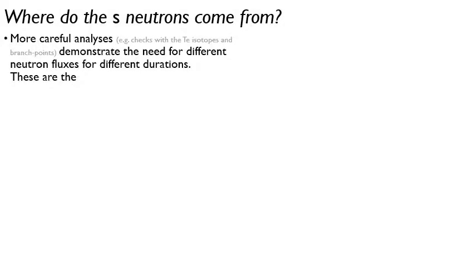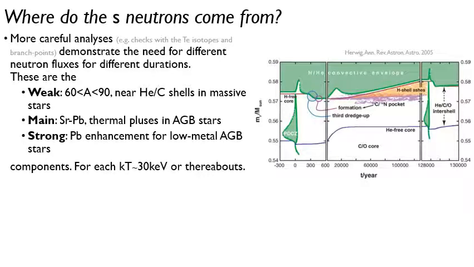So then on to the actual astrophysical environment itself, which connects finally to the content of Chapter 7, where we talk about asymptotic giant branch stars. It turns out S-process nucleosynthesis comes from several different environments, and so you need different types of neutron fluxes.